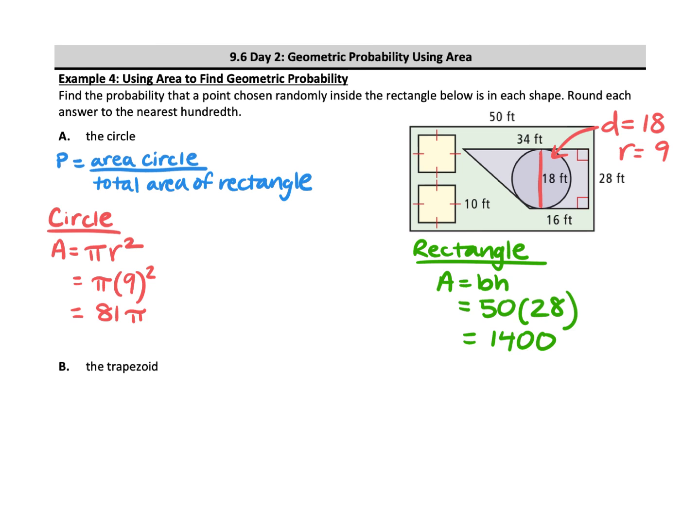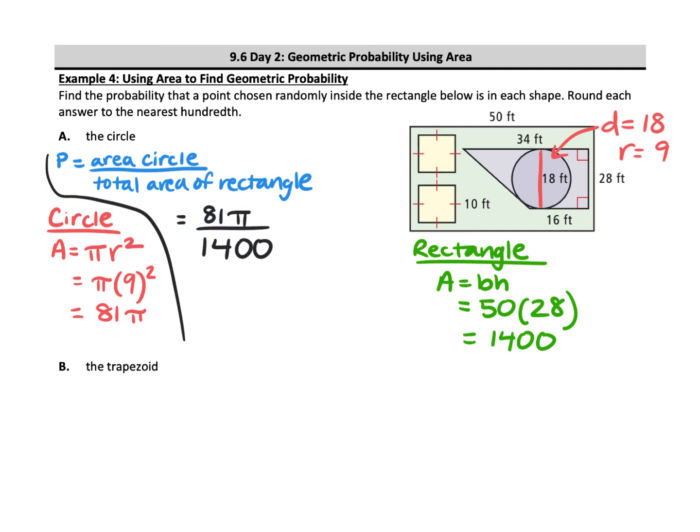Now we have everything we need to calculate the probability that it's in the circle. I'm going to go back to the formula that I wrote at the beginning. Area of the circle is equal to 81 pi, and the total area of the rectangle is 1,400. And I'll round my final answer at the end to the nearest hundredth. For now, when we type this in our calculator, we can just type 81 and then click the pi button.